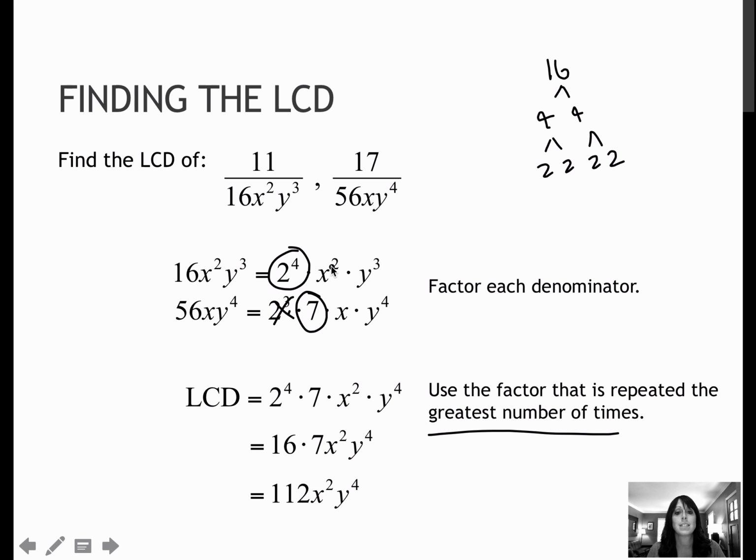Looking at my x's, 2 times here, only once here, so 2 times is the most. And then 3 y's and 4 y's, so 4 y's is the most. So notice my LCD is all of those things. 2 to the fourth and 7 and x squared and y to the fourth, which gives me 112 x squared y to the fourth.